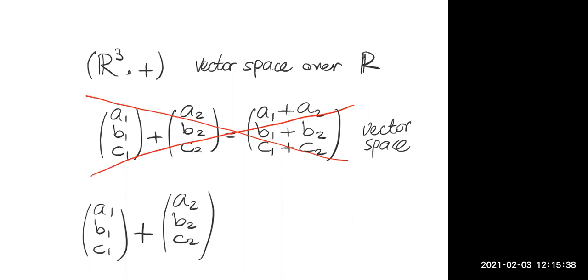Maybe I put a prime here to show this is not the same as the standard one. I would define this one to be the third root of A1 plus the third root of A2, and then I would raise it to power 3. And similarly for the other components.